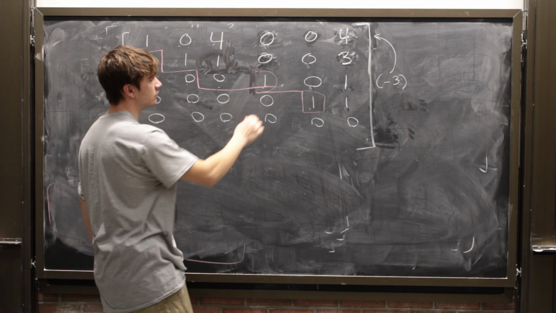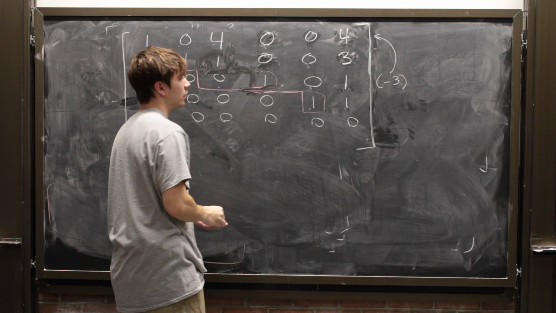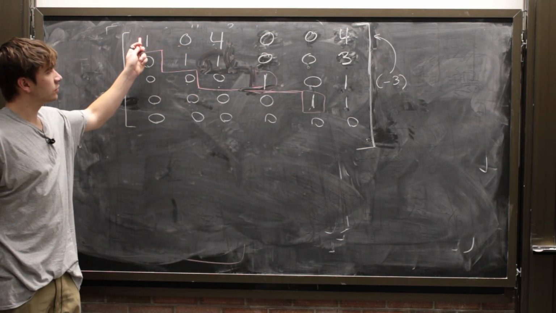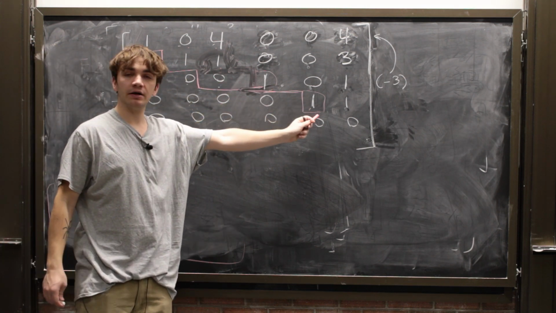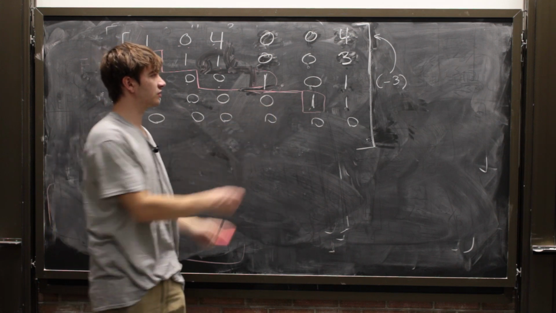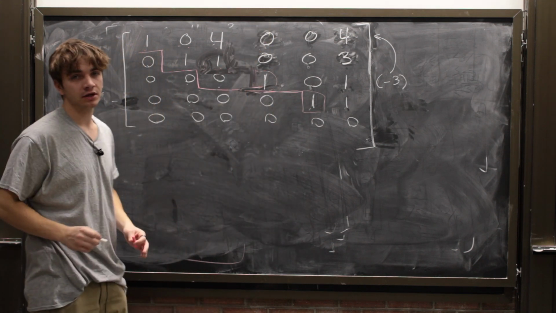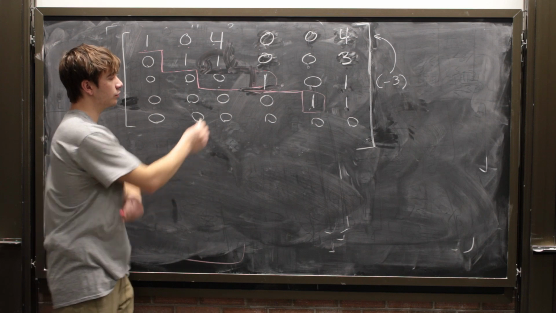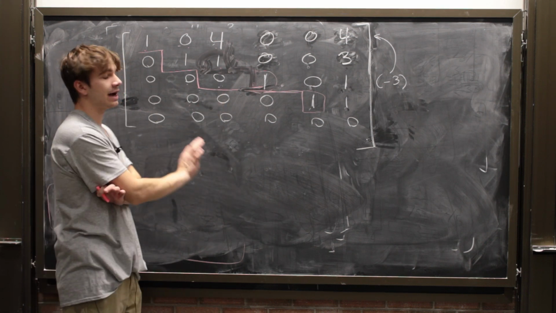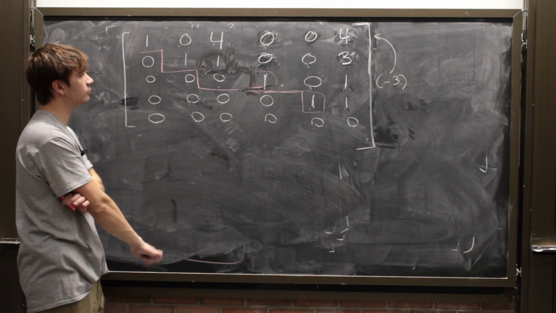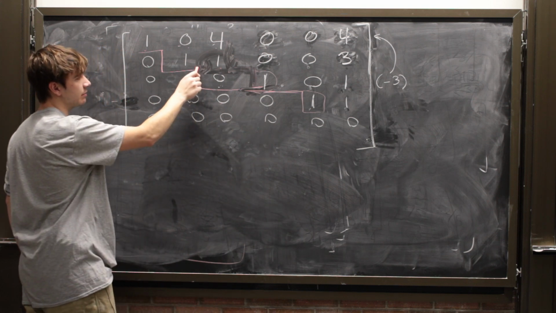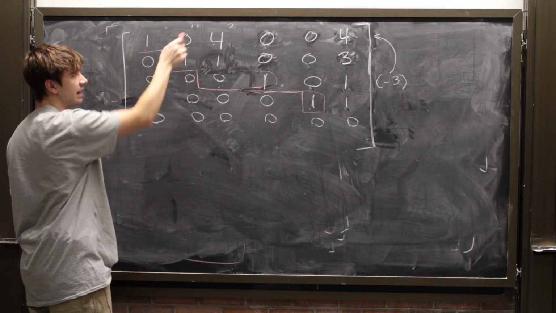The pivots that I'm going to destroy are the ones sitting on my staircase. The ones sitting on the steps of the staircase, those are the ones that I use to delete everything above them. Any row with a 0 sitting on the staircase, i.e. a row with no pivot, I leave alone. So I move back up the staircase to the next pivot, 1, and I delete everything above this one.